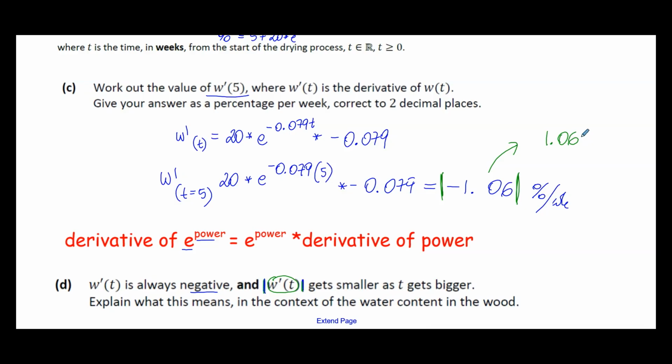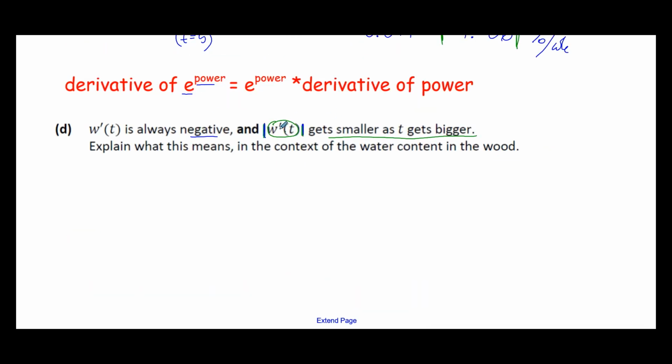That's what we consider. So that number gets smaller as t gets bigger. So what is that t here? What are we talking about? Because they're saying, explain what this means in the context of the water content in the wood. So I have to understand what they are asking me.